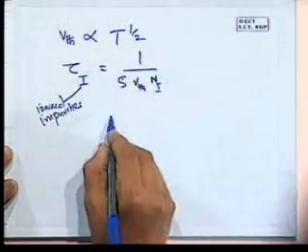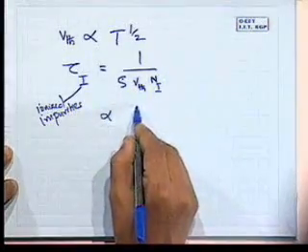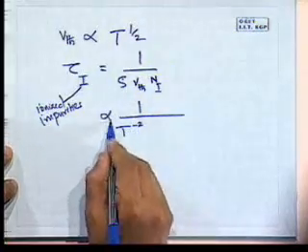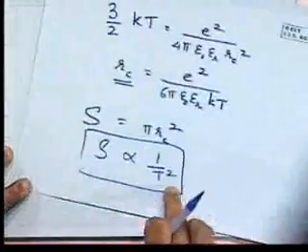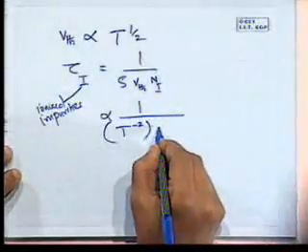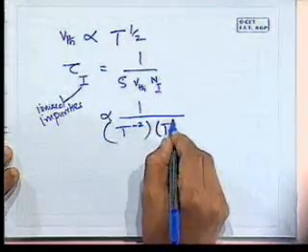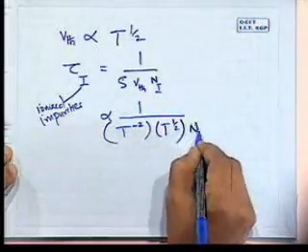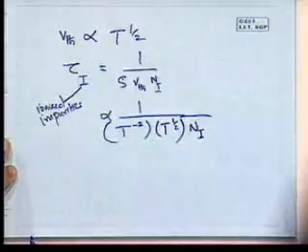And looking at the temperature dependence, we can say it's proportional to 1/T to the power minus half, minus 2, which is this dependence. Okay? And v has got a T to the power half, Ni. We leave Ni for now.